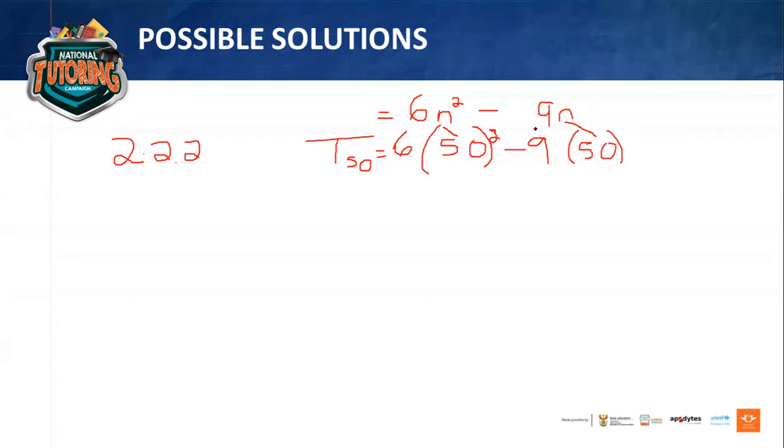Then we press in the calculator. We don't forget to square. And when we press in our calculator, T50 is going to be 14550, which is 14,550.